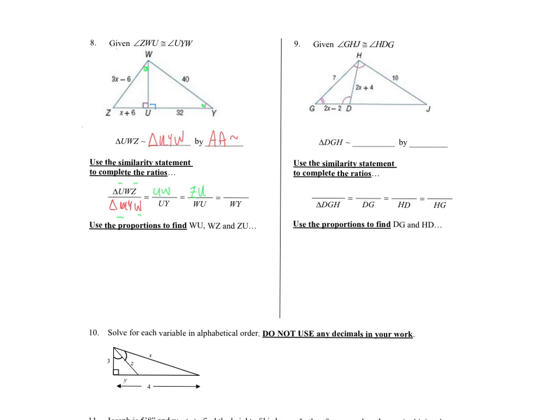And then if we have WY, then that would be ZW. So there are our ratios.